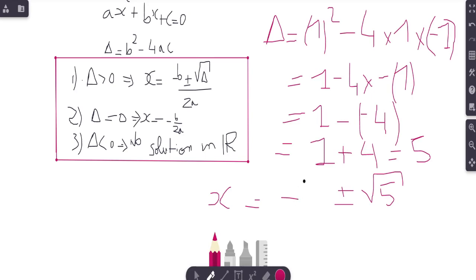Okay, so minus 1 plus or minus square root of 5 divided by 2 multiplied by, so a is 1, so 2 multiplied by 1 equals 2.